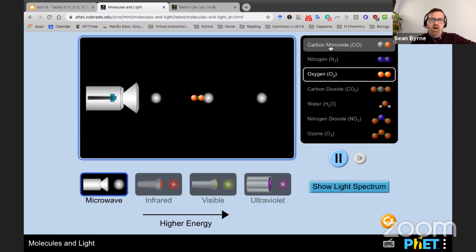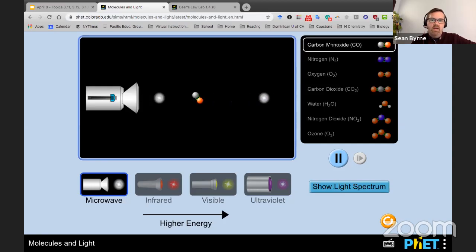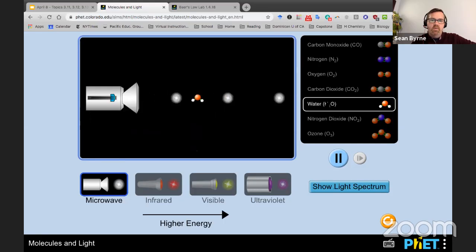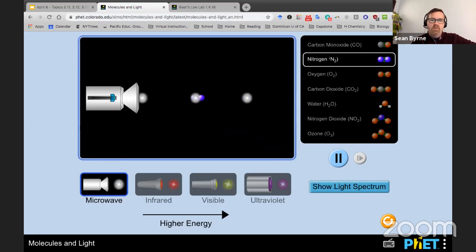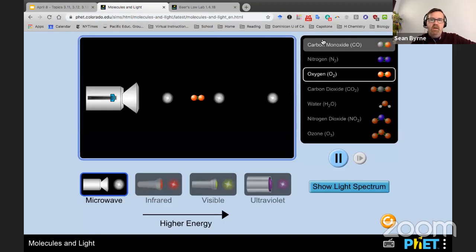So carbon monoxide and water are both spinning around in a microwave, but nitrogen and oxygen are not. So it'd be great to think about what's a difference between the molecules, what's similar about carbon dioxide and water versus what's happening with oxygen and nitrogen.